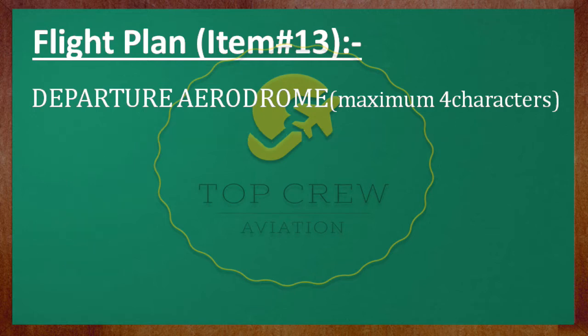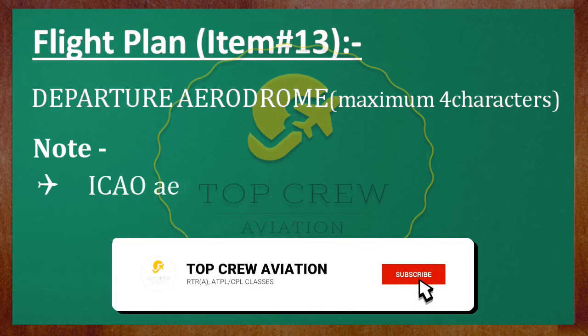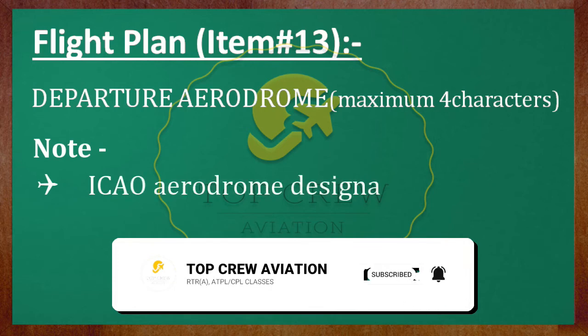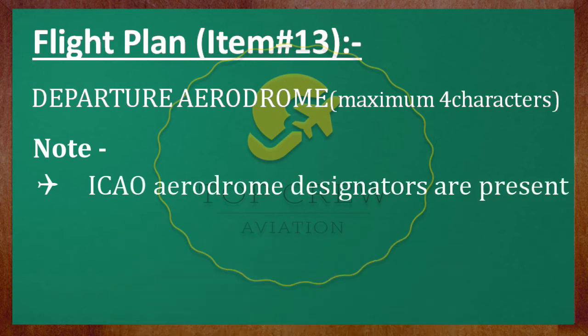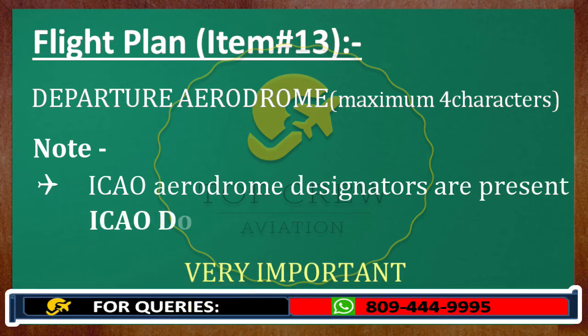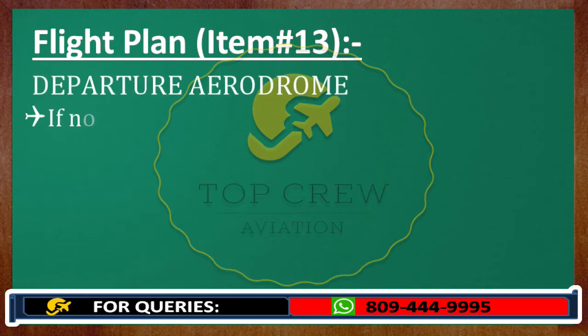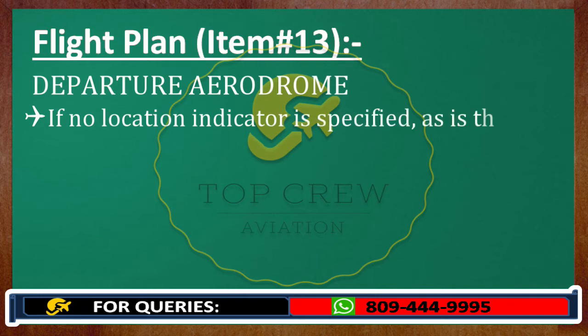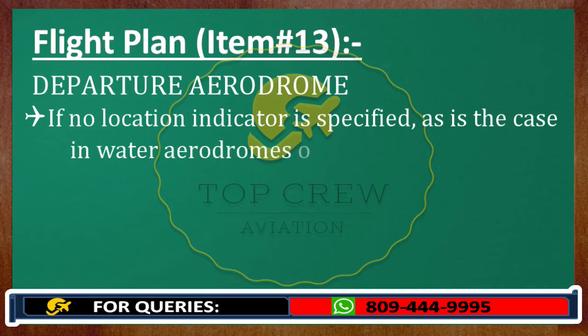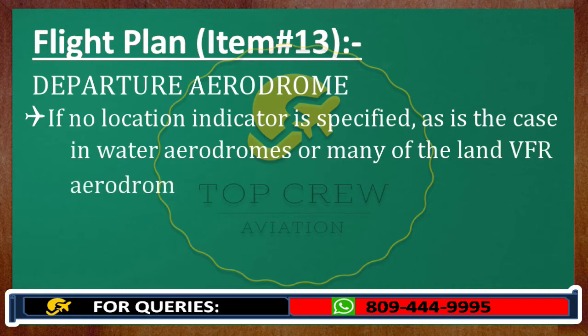Alright guys, note ICAO aerodrome designators are presented in ICAO Doc 7910. Alright guys, do remember about this too for your part 2. If no location indicator is specified, as in case in water aerodromes or many of the land VFR aerodromes, we have to insert Zulu, Zulu, Zulu, Zulu, 4 times Zulu, and specify the full name of the aerodrome.